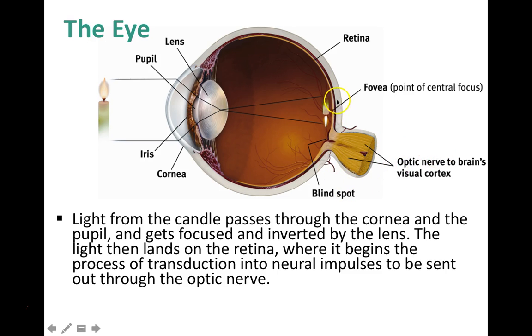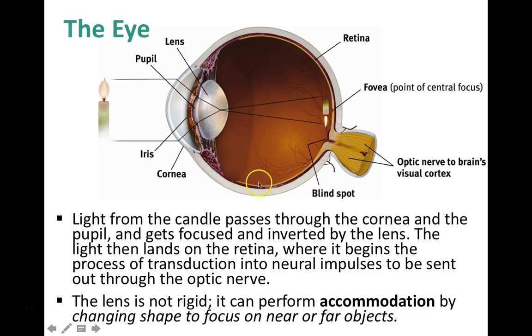Okay, the center of the retina is called the fovea, and we'll have more on that in a minute. The retina is everything at the back of the eye, from the top all the way to the bottom, with the fovea, the point where we can get our best visual acuity, being in the middle.